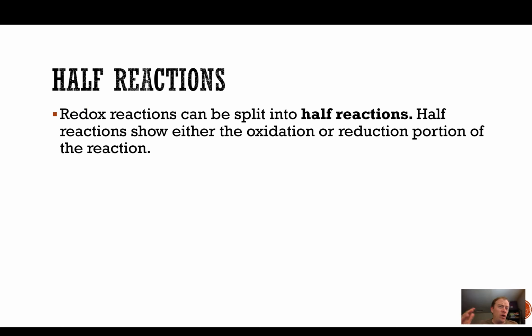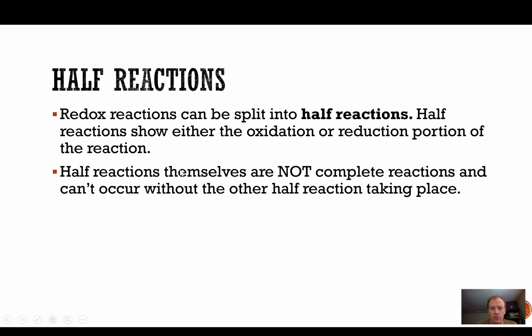And again, the actual context when we use this will come down the line a little bit, but it is critical to be able to write half reactions for good reason that we'll see. What I can't stress enough is half reactions themselves are not complete chemical reactions and cannot happen by themselves. They need the other half of the reaction.